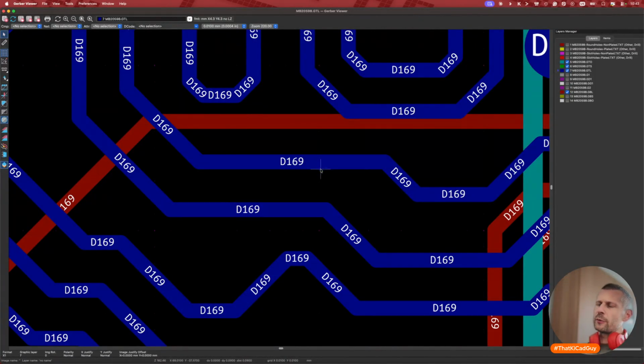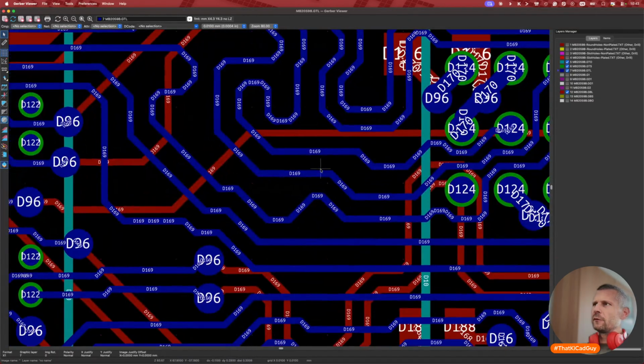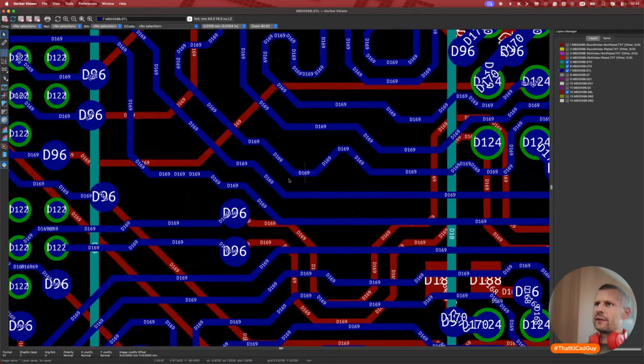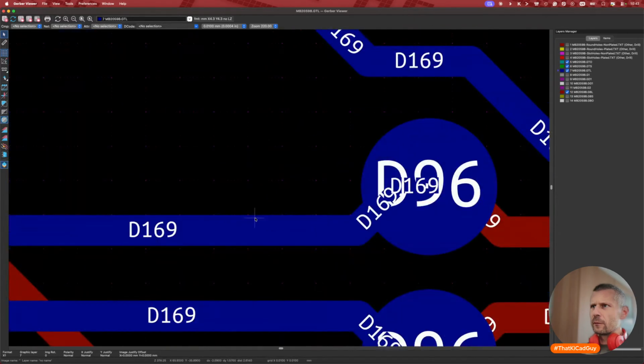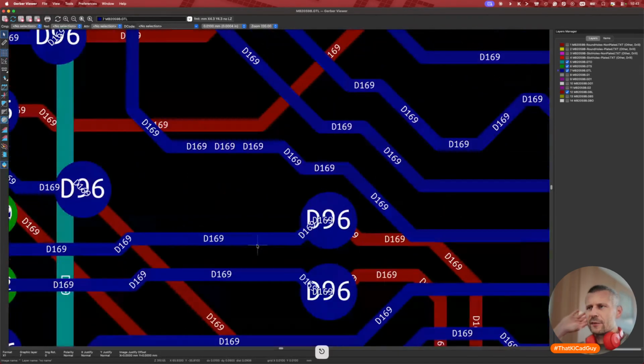They use 0.09 for data bits and the same track width for the pairs.